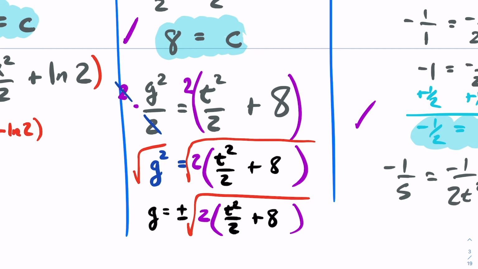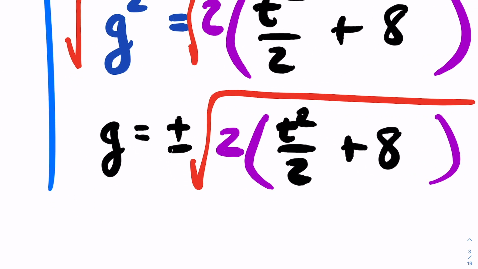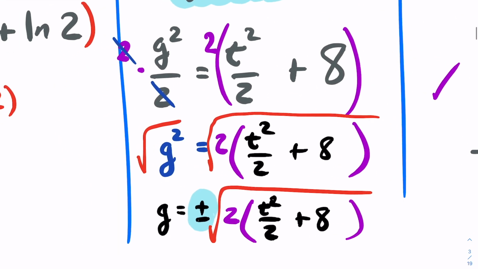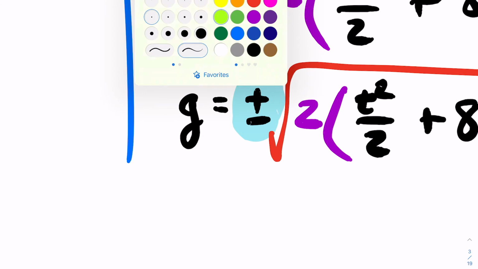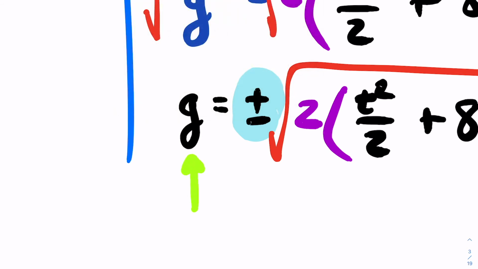Now, the only thing you have to consider here is that plus or minus. You actually have to pick whether it's a plus or a minus. And that's going to be based on the point that they give you. So g will either come out positive or negative, right?